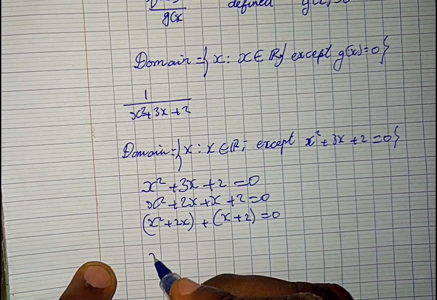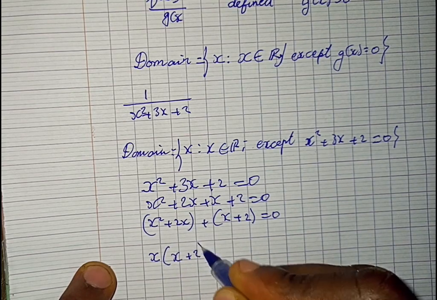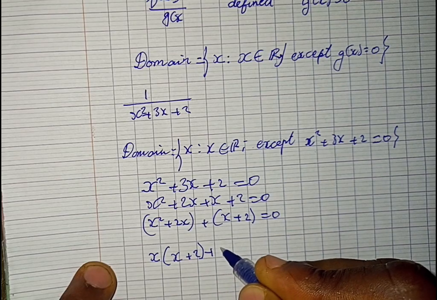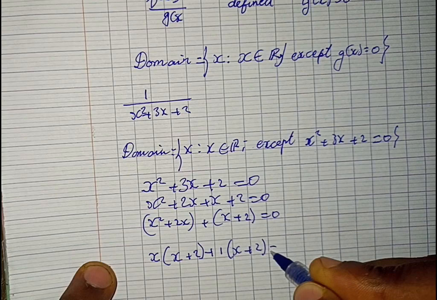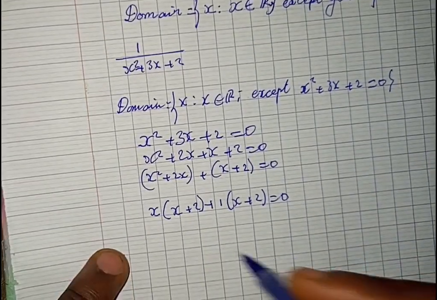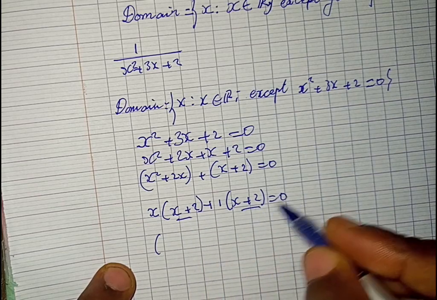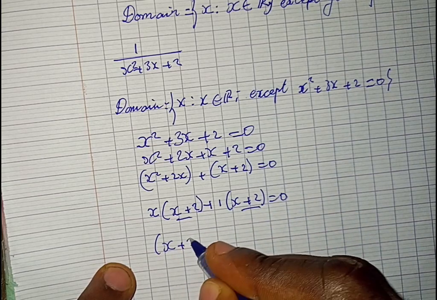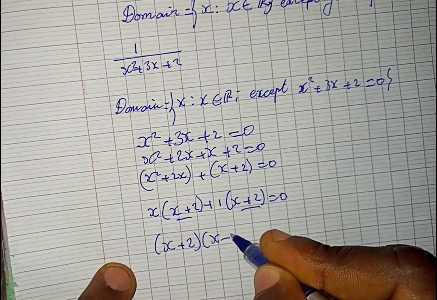Then I have x times the bracket x plus 2, plus 1 times the bracket x plus 2, equals 0. So I'm taking x plus 2 common, and I have x plus 1.